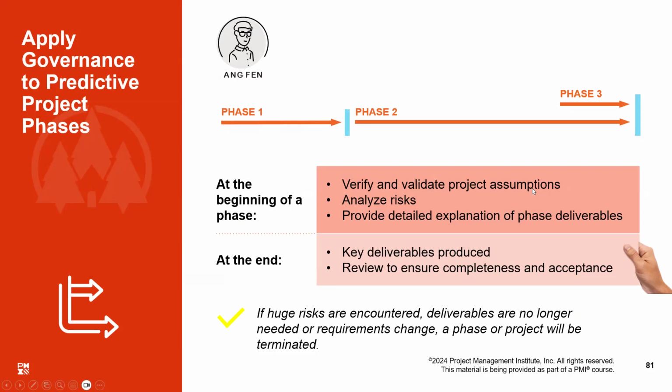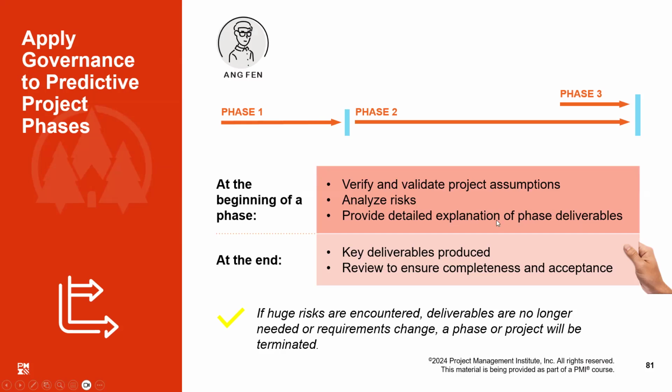At the beginning of a phase, when we start a phase in a predictive project, before starting the phase, we verify and validate all the project assumptions are still correct. We analyze the risks. We provide detailed explanation of phase deliverables.